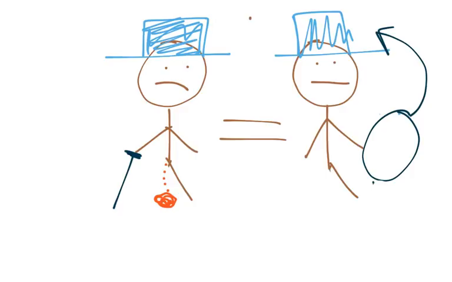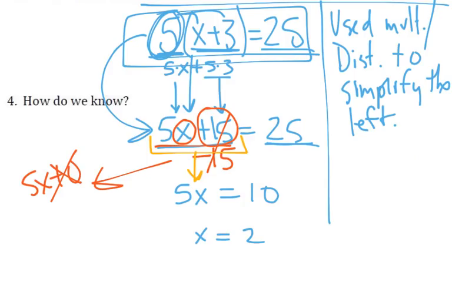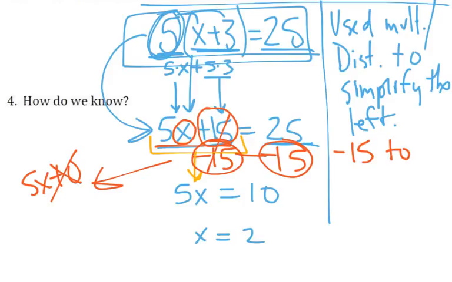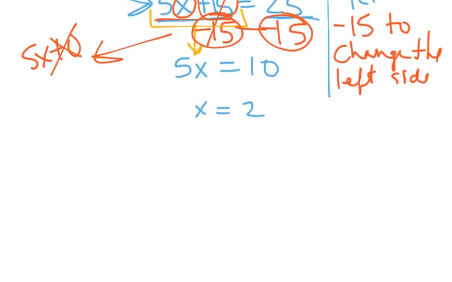Same idea with equations. I subtracted that 15 and changed the left side, so I've got to subtract 15 and change the right side. I've got to maintain that equality in my change. So we subtracted 15 to change the left side and eliminate the 15.